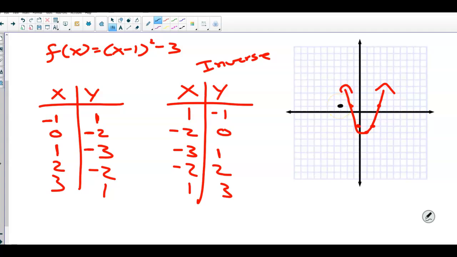Negative 2, 0 is here. 2 is here. 1, negative 1 is here. 1, 3 is here. And that's your inverse graph. It just turns to the side.